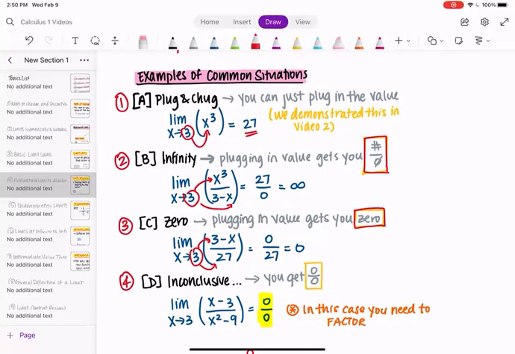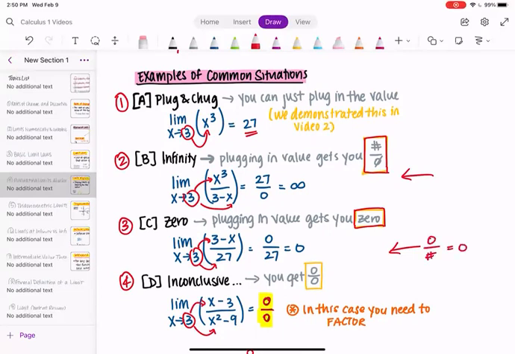Same thing, I'm going to start by plugging into the top and the bottom, and I get 0 over 0. Based on this rule and this rule, what should that value be? I have 0 over some number, which means I should think it's 0, since according to this rule, 0 over any number is 0.